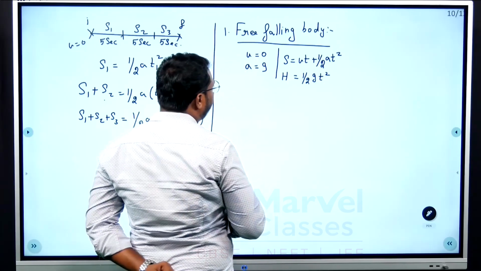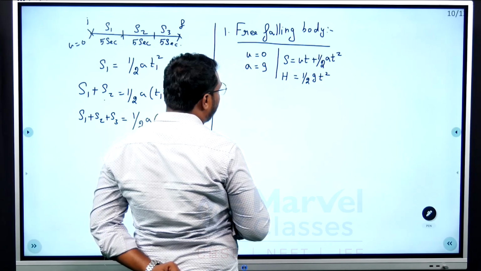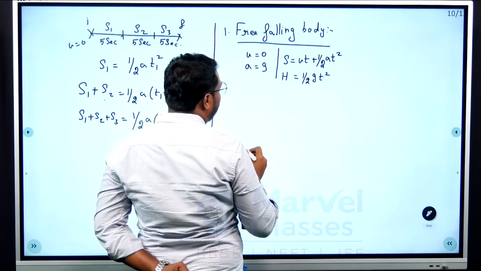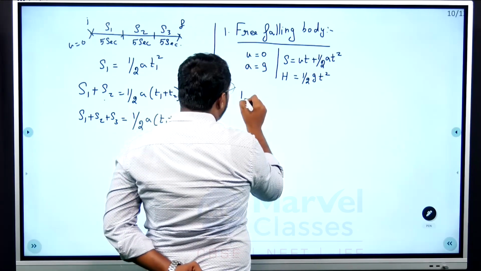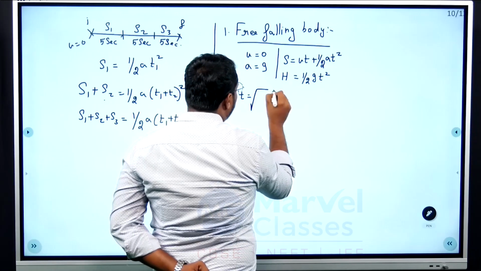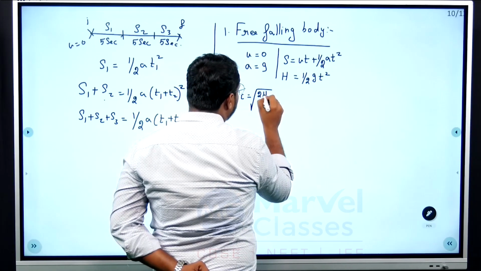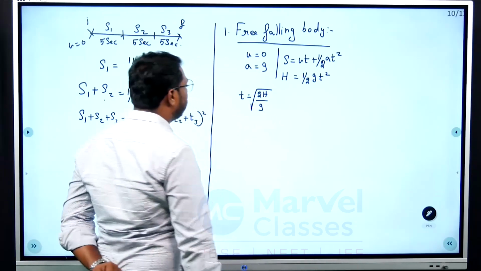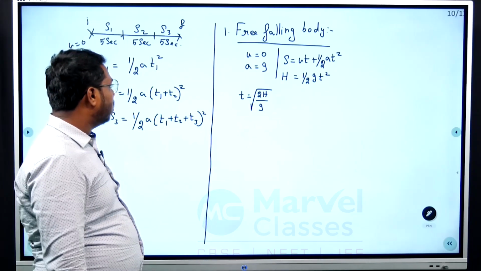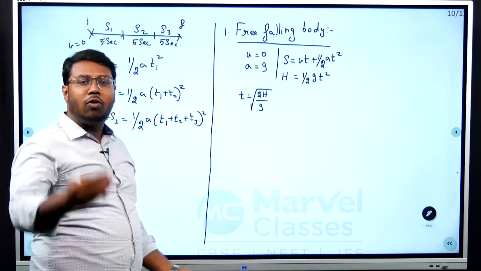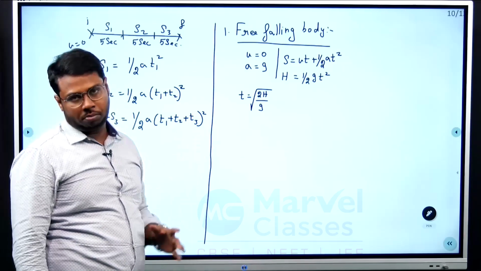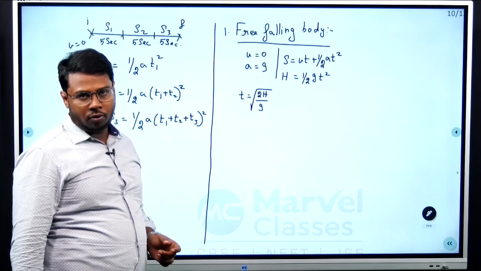If you are asked to calculate the time period, then t is equal to root of 2h by g. This is the time taken by the body to fall from a certain height h. This is one way of doing it.